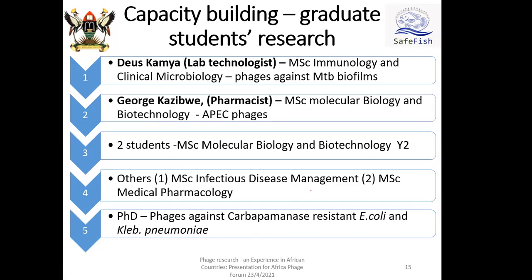He's the one who worked on the APEC, and he got so interested. He's trying to see how he can infuse his pharmacy knowledge into having therapeutic products made out of the phages. So we have other students who are currently undertaking studies attached to our projects.